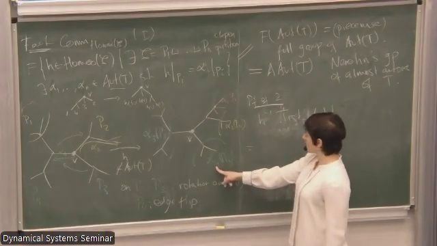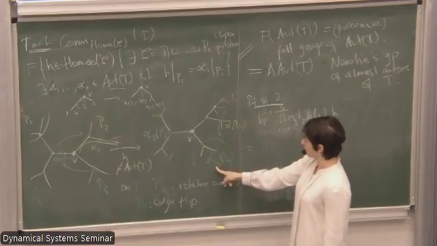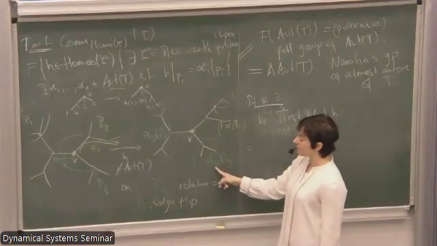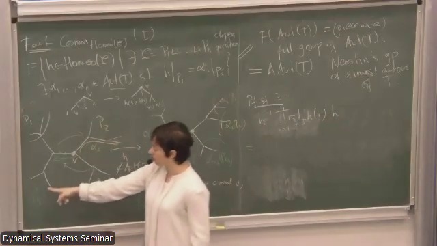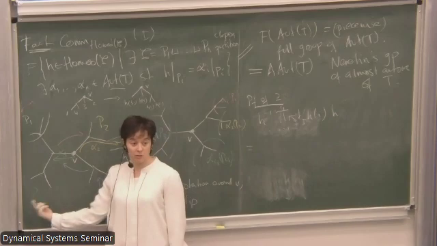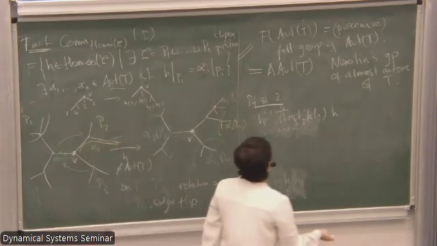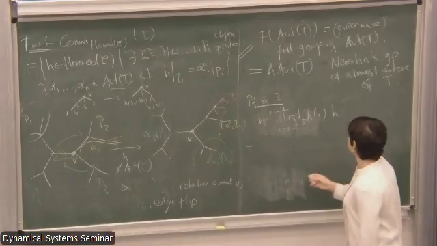Then I do something in the rigid stabilizer of this thing, so I'm just moving it around. And then I take it back with H. So it's gone back here, except that I've moved it around by something in the rooted tree automorphism group. And the same thing for all the other i's.